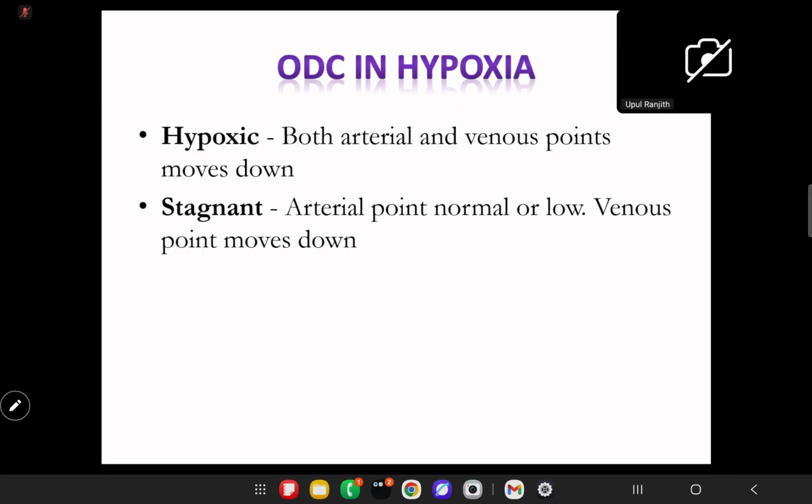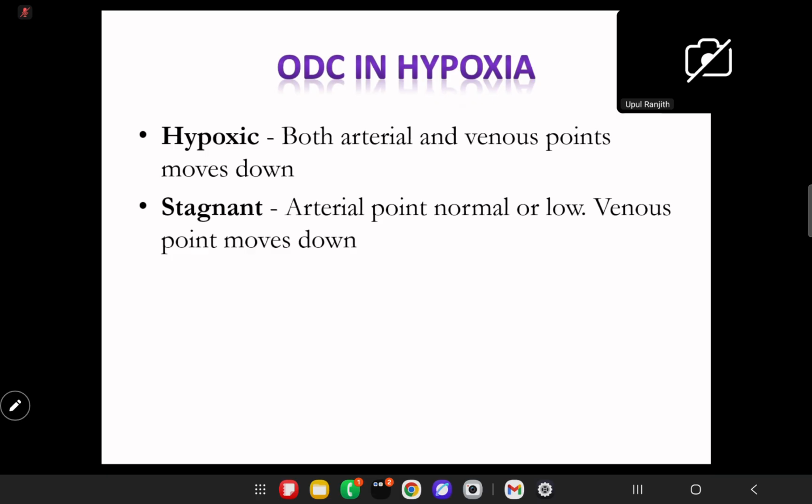But the tissues try to extract the amount of oxygen required for metabolism. Therefore the venous point moves down, but the arterial point can be normal or low.